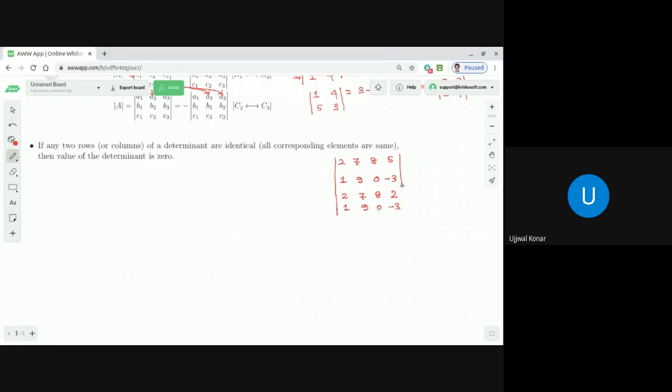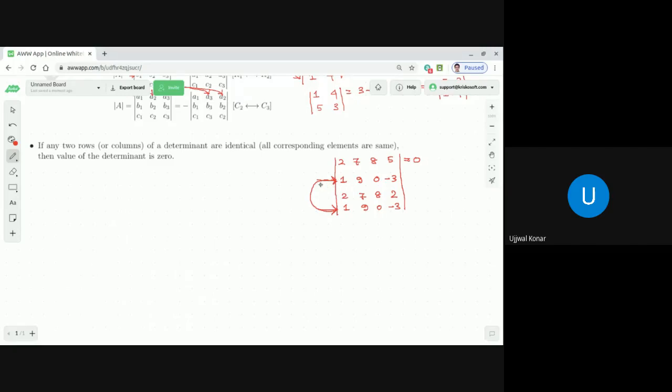Now, without computing the value of the determinant, you can say the value of the determinant is 0. Why is it 0, dear students? The second row and the fourth row of this determinant are exactly the same, right? If you see, the second row and fourth row are exactly the same.